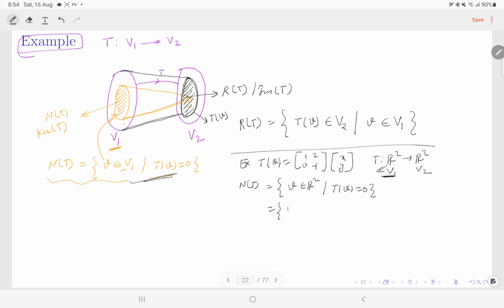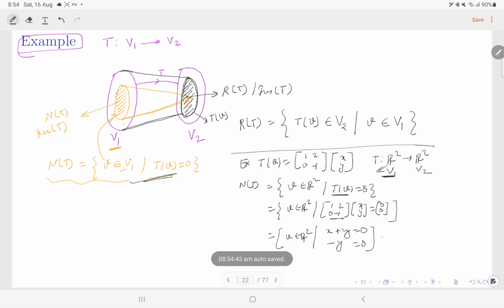How can you find this TV? We are looking for all the vectors. Now just put this definition: 1, 2, 0, minus 1, times x, y equal to 0, 0, because this will be in R2 again. If you solve this, you will get x plus 2y is equal to 0 and minus y equal to 0.